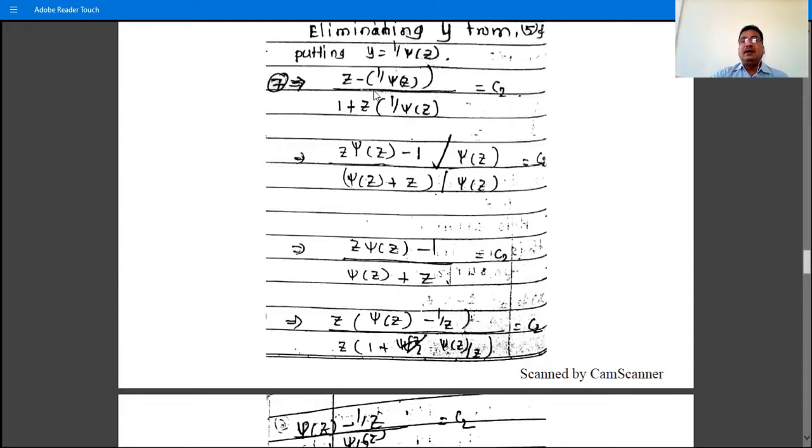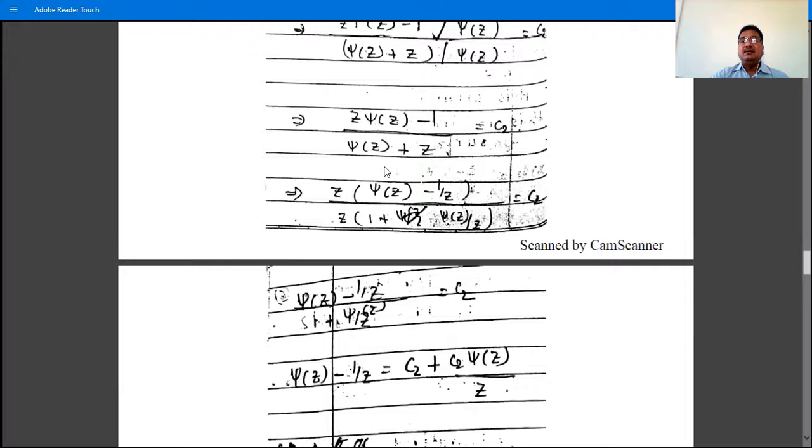So take psi z as the LCM on both sides. So psi z into z minus 1 divided by psi z, and here psi z plus z divided by psi z. Psi z gets cancelled. So we have z into psi z minus 1 divided by psi z plus z is equal to C2.